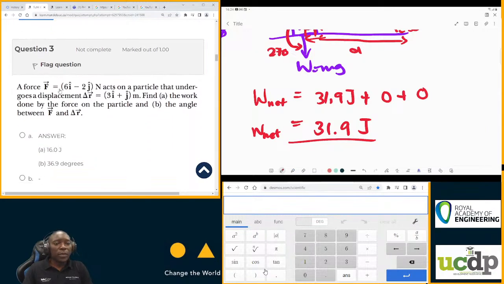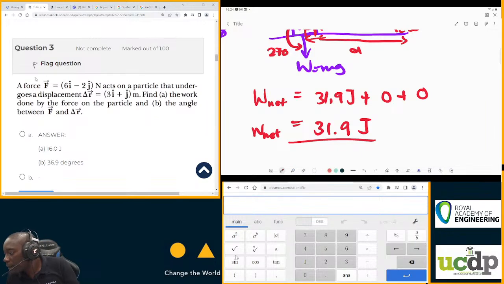Then question number 3. For this one, we have a force F equal to 6i minus 2j, which is a magnitude of 6 in the x and a magnitude of -2 in the y, newtons, acting on a particle that undergoes a displacement described by delta r, or vector r, equals 3i plus j meters.